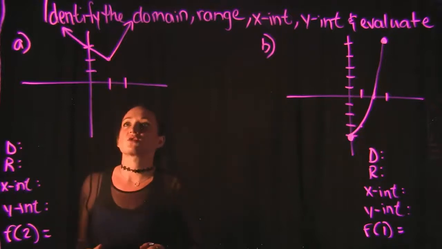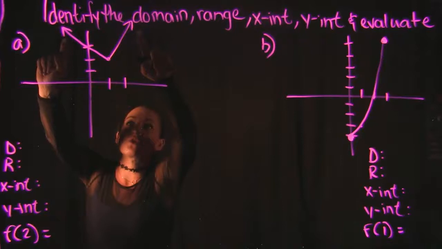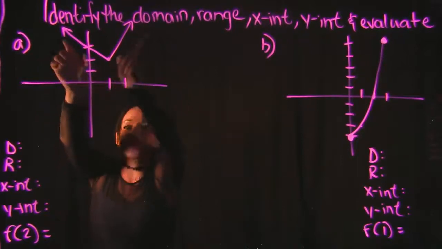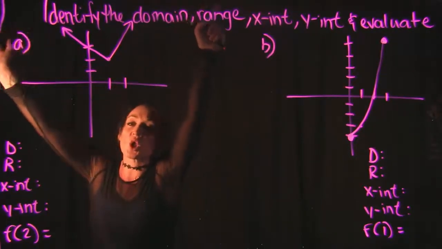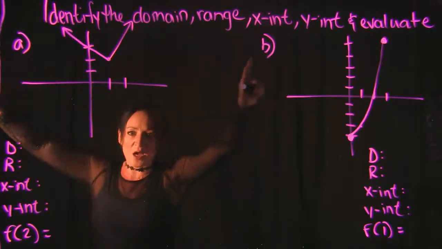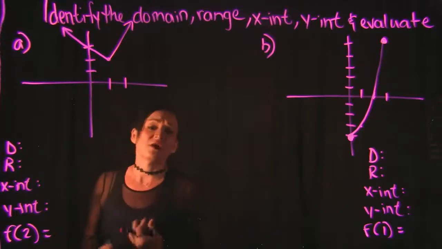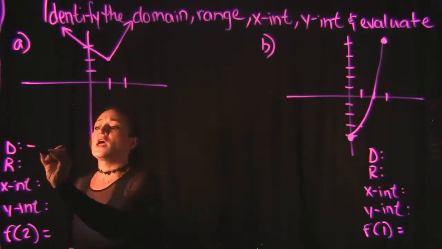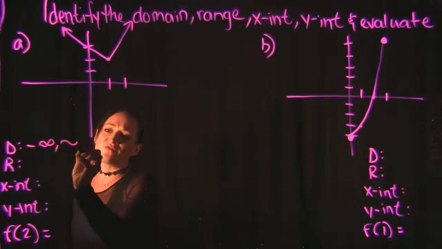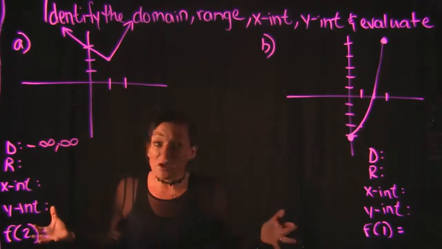So when I'm looking at this graph here, it's a V. I do see on either end right here I have arrows, and that's the assumption that this graph is going to keep going out and out and out, and it's never going to stop. Now, if you have that situation, you're going to have a negative infinity to a positive infinity case because it just never stops.